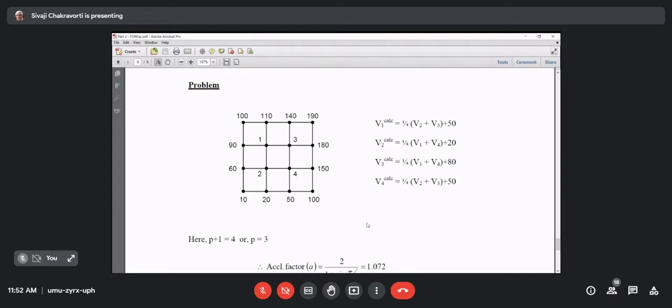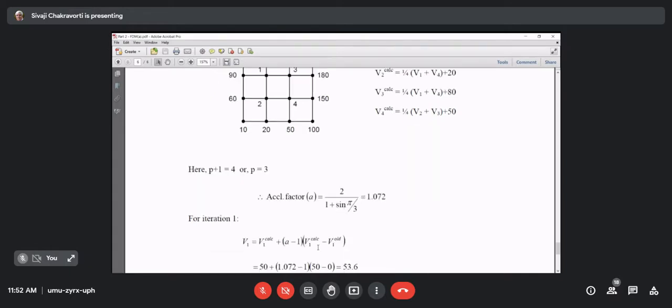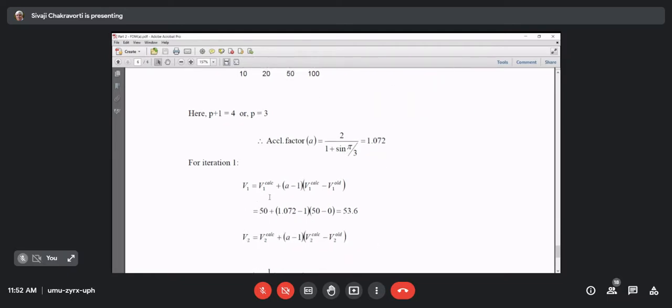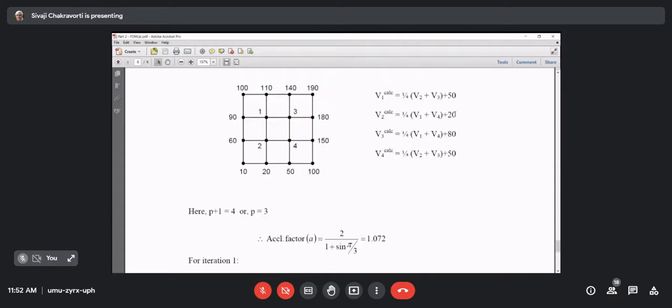And this is an example of how this iterative method goes. The same problem here. But here, how we use the acceleration factor is given. That means for iteration 1, we use this expression where the old value is 0 because we have started with all values to be 0. Calculated value means when we put these values, for example, in equation 1, V1 calculated, the initial value of V2 and V3 is 0.